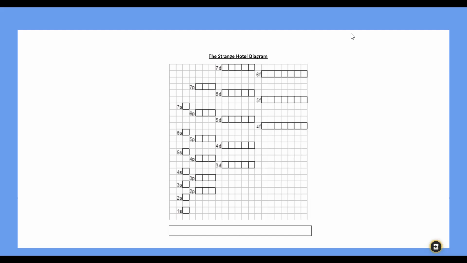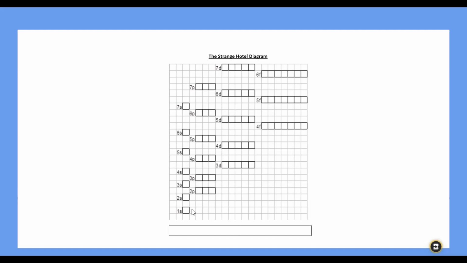The strange hotel diagram. Please take a picture of this because I'll be referring you to this picture sometimes when it's not on my screen. It's called a strange hotel, so you shouldn't be surprised by what I'll describe. So this strange hotel has 7 floors.